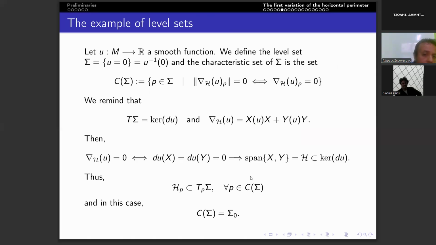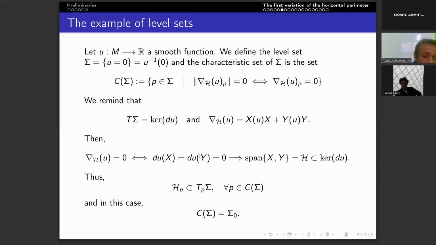And we remind, by elementary differential geometry, that T sigma is practically the kernel of dU. And from our previous talk, we remind that the horizontal gradient takes this formula with respect to the horizontal plane. Then the horizontal gradient vanishes when XU and YU vanish too.